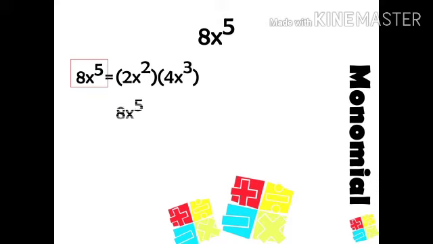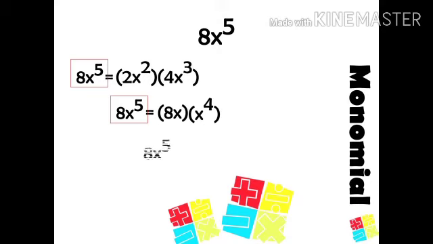Here is another simplified form of the term 8x raised to 5: 8x, quantity x raised to 4. We multiply the coefficients, which are 8 and 1, then add the exponents, which are 1 and 4, which will be equal to 8x raised to 5.